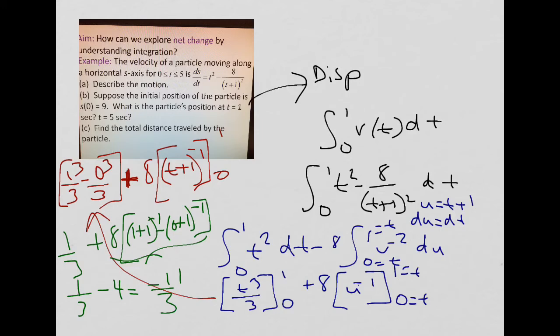Okay, so for when t is equal to 1, we find that the particle moves 11/3 centimeters to the left. So what's happening when it says that the initial position was 9 is that we need to add it.